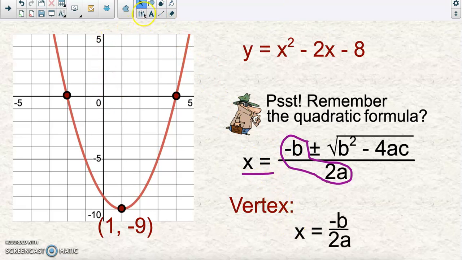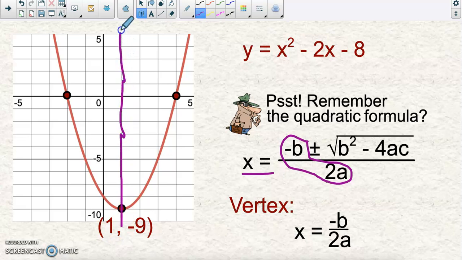If we think about what's happening here, this right here is the axis of symmetry of this parabola. And this axis of symmetry is the line x equals negative b divided by 2a.